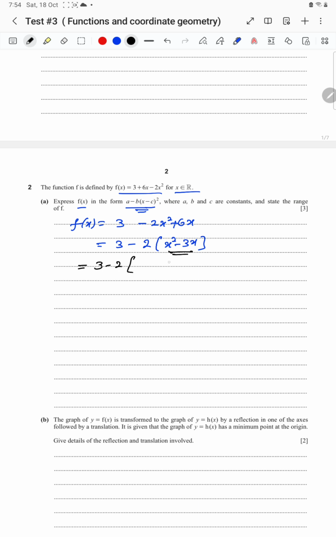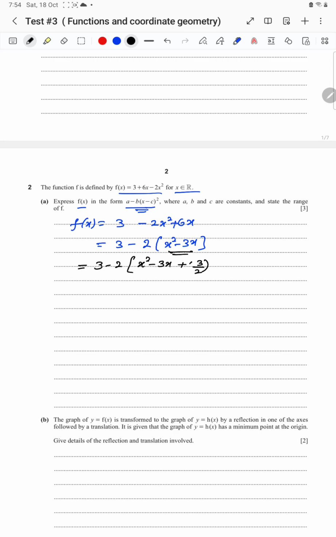As you know, in the previous video we discussed how to go for the completing square approach to convert a given quadratic expression into completing square form. So accordingly, half of 3 is what? 3 by 2 or 1.5. No matter, you can write it in decimal or in fraction.